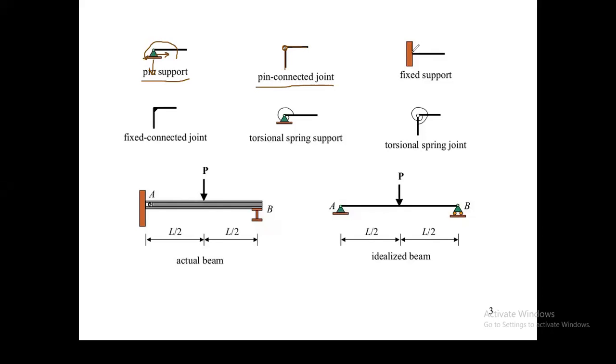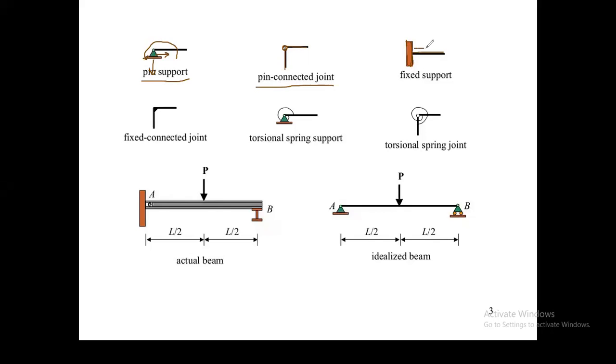Whenever no small circle is given in between two members, say this is one of the vertical members and this is one of the horizontal members, right? In these members, we can say it is a fixed support.